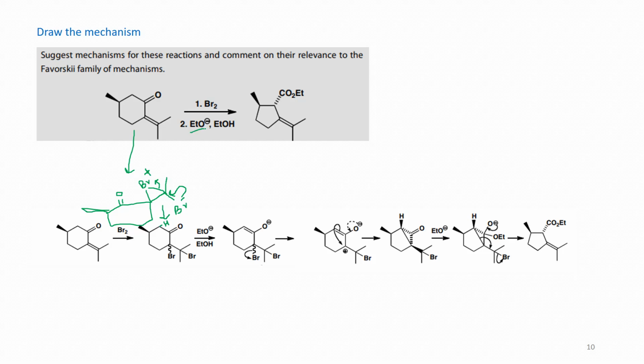Whenever there is a carbonyl compound with an alpha hydrogen and base is added, as I have told in the previous slide, it will form an enolate intermediate. So this proton comes here and it forms an enolate intermediate.